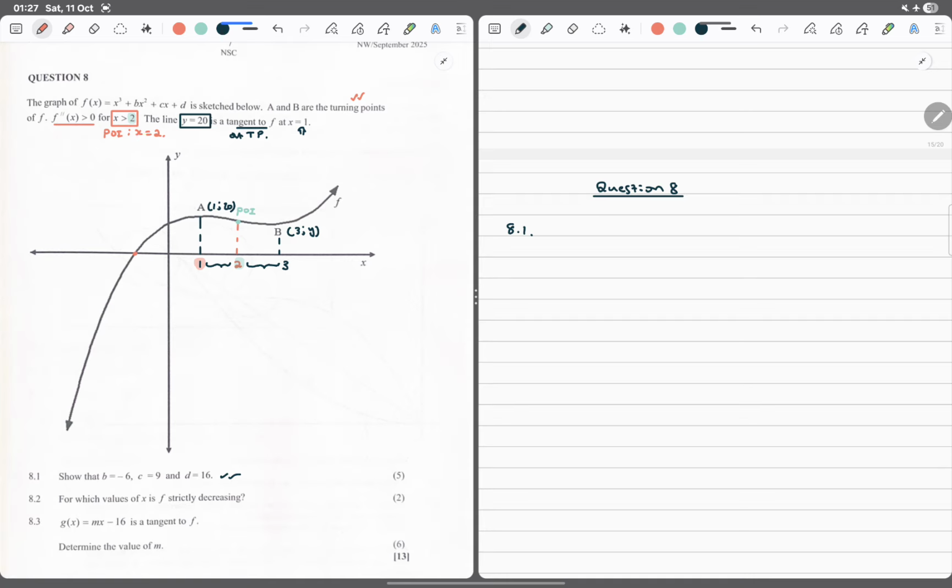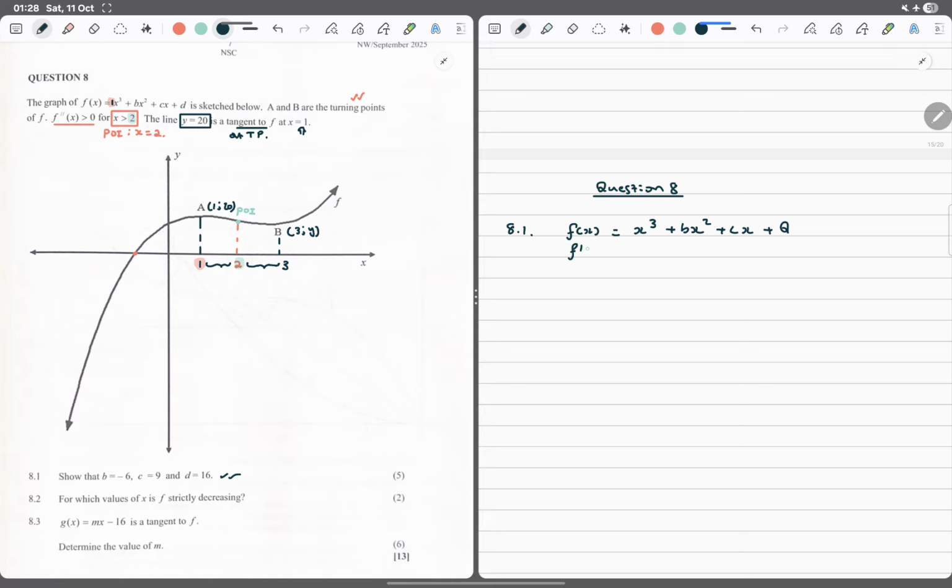Now let's do this nice and easy. So we know, guys, that we were given f of x as x cubed plus bx squared plus cx plus d. But take note, the coefficient of the highest power there is an invisible one. So it concurs with the shape of the graph. So what do we need, guys?